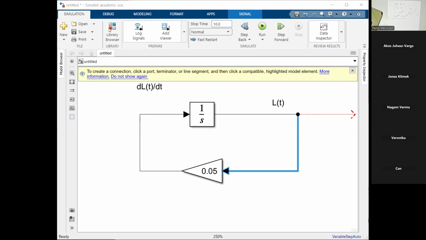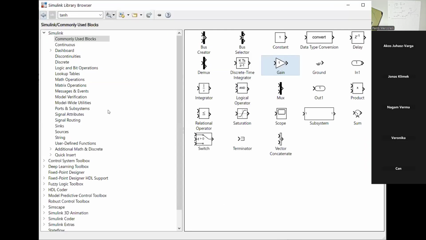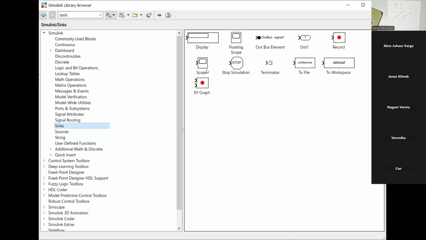To simulate, we need just a scope, which you can find, I think, again in common use block, I hope. It's not. This means the scope is in instrumentation. We have many elements to represent the signal. I don't have time really, we need a course to explain all options which we have.